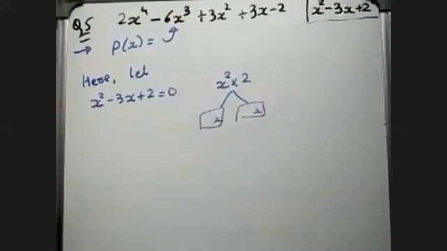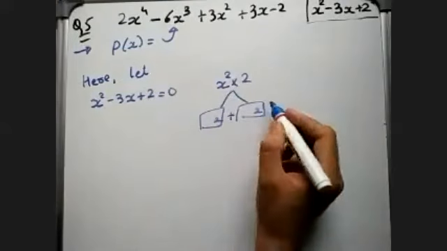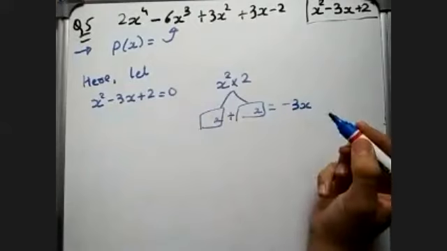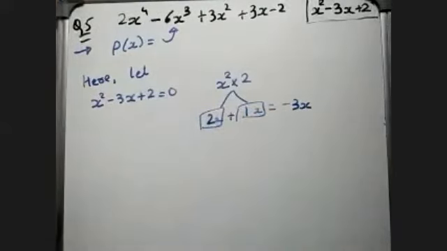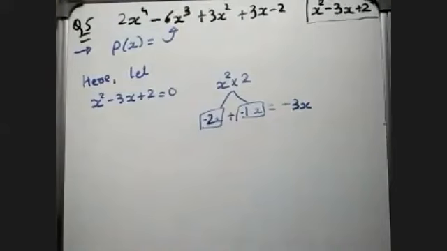What is sign of last term? Plus. Now take factors of 2 such that you get the middle term with its sign, that is minus 3x. So if I put 2 and 1 over here, 2 ones are 2, 2 plus 1 I will get plus 3x. But I want here minus 3x, so I will take minus 2 and minus 1. So minus 2 into minus 1 will be 2 and minus 2x plus minus 1x will be minus 3x.